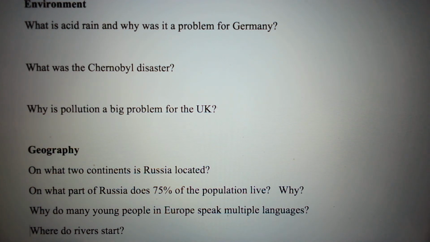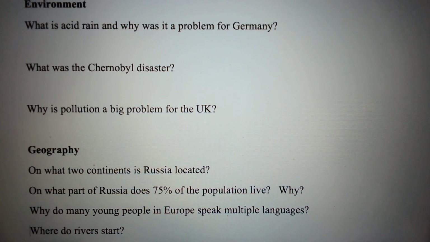What was the Chernobyl disaster? Well, remember Chernobyl? That was the world's worst nuclear power plant accident. It took place in the Soviet Union, and now you know more about the Soviet Union. In the land in the Soviet Union that we now know is Ukraine, that's where Chernobyl is located. Remember what we said? You had an explosion, and what did that explosion release into the air?